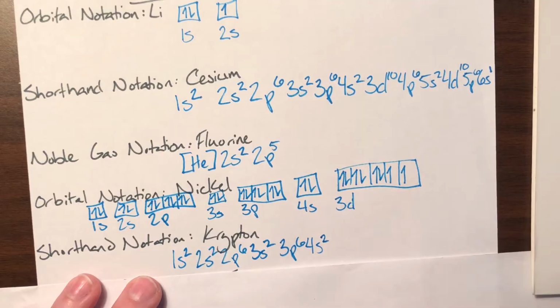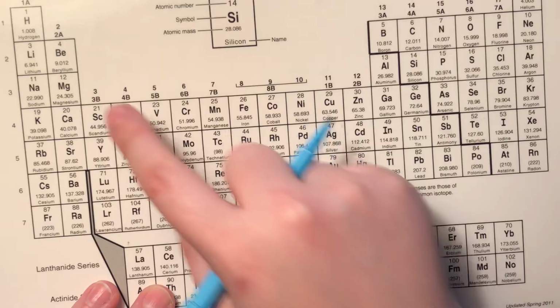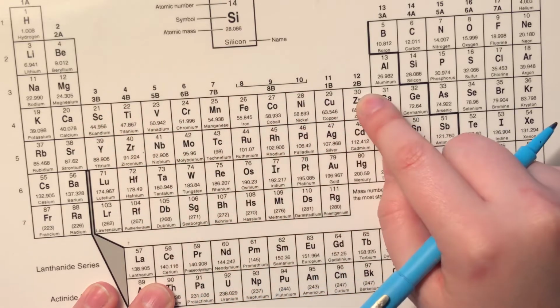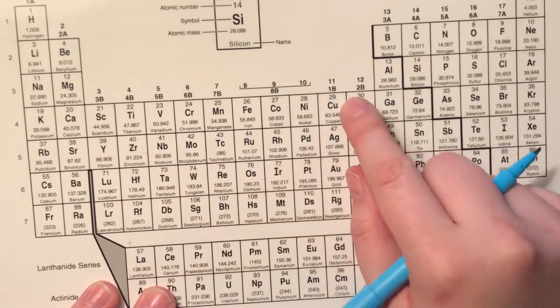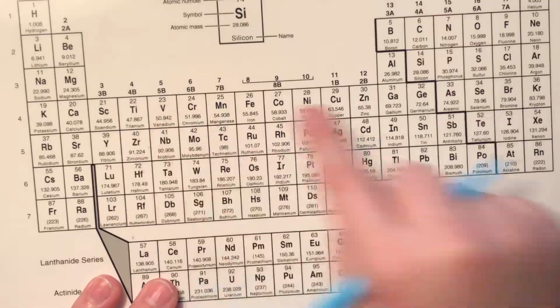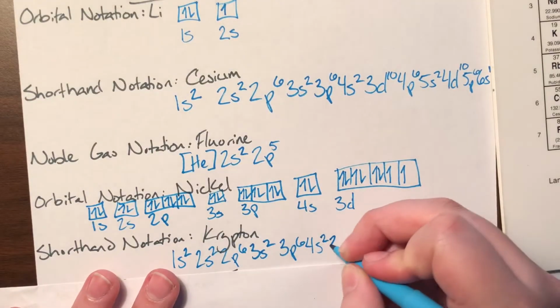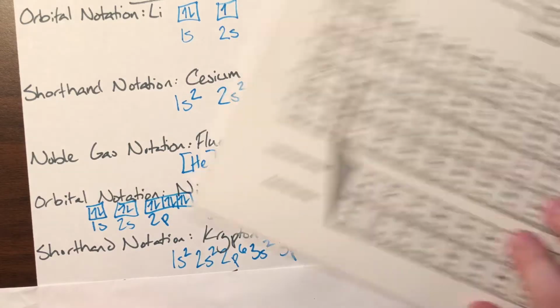I have not reached my element yet, so all my orbitals will be full until I reach it, and that's when I need to be careful. My 3d block is also going to be completely full. Krypton does not live in the d block, so this is my last block that will be, by default, completely full. So I will go ahead and write that 3d is going to be completely full at 10.